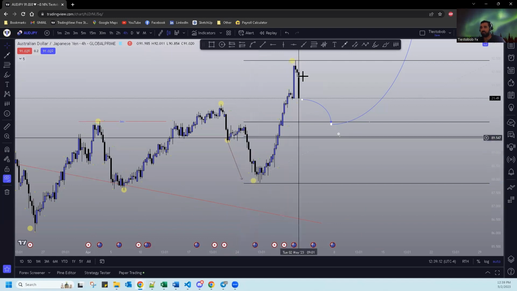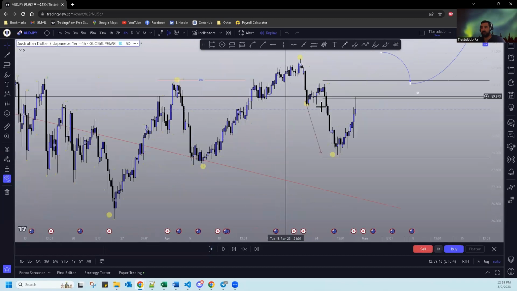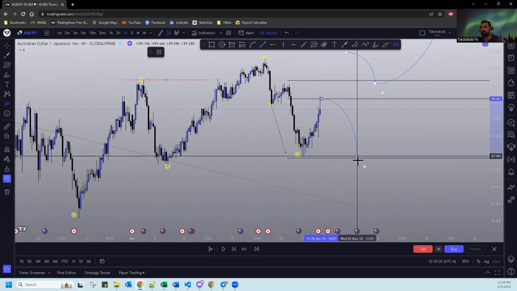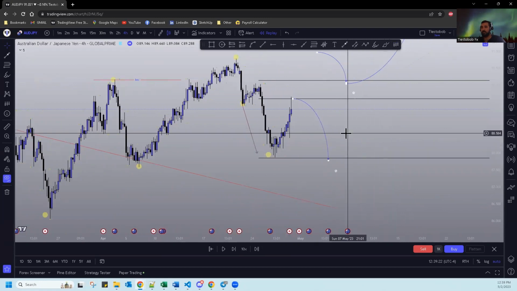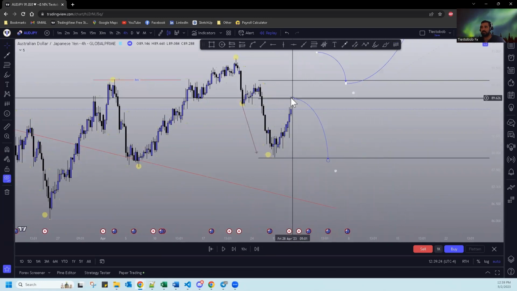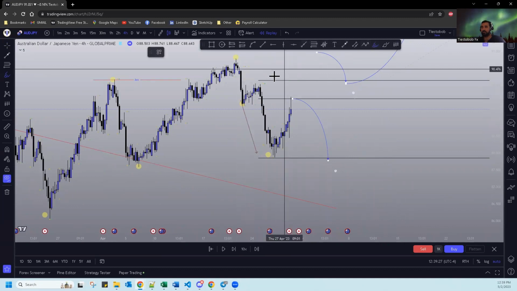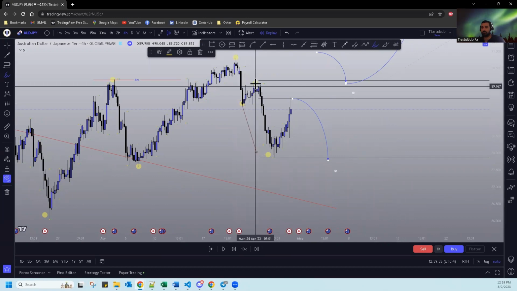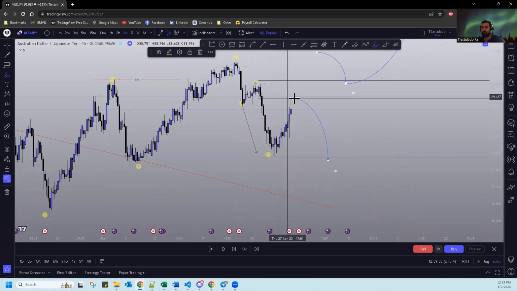If I was here, let me just do a replay. If I was at this point in time, I would look to short this market, okay? I would look to short this market because the structure was broken. So what you have is the high point right here, lower low, lower high, lower low. I'm looking for a lower high.